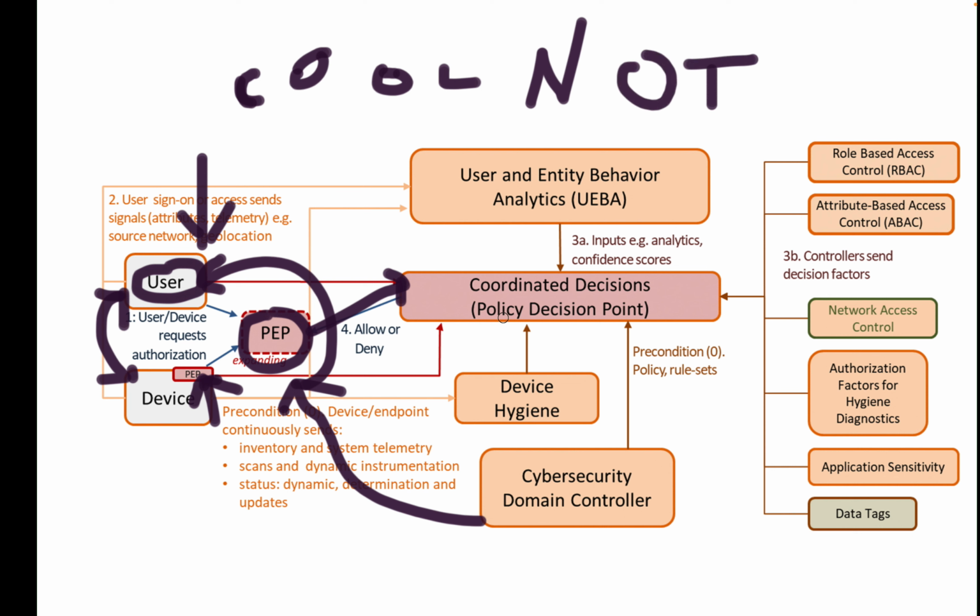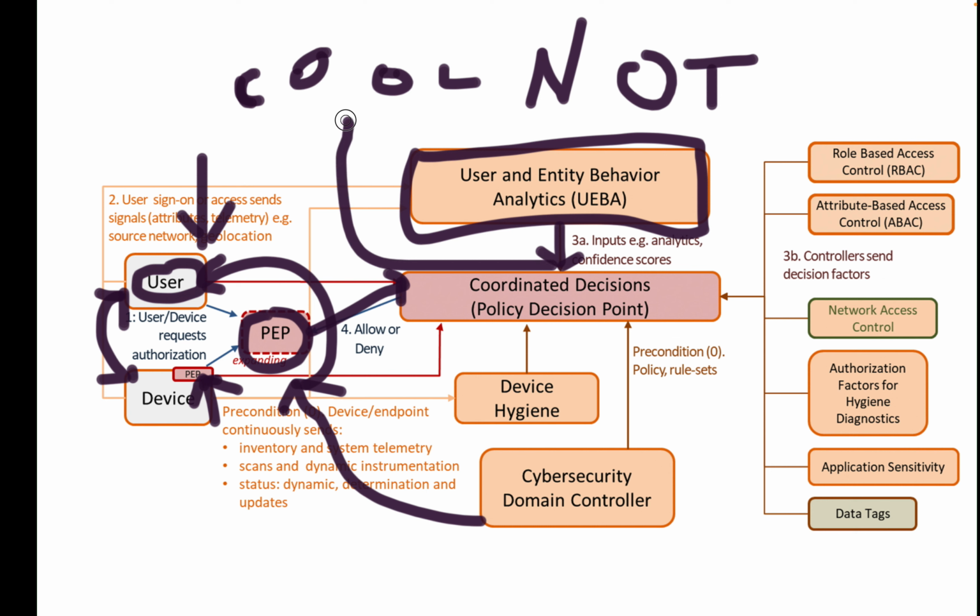So all this feeds into the policy decision points, in addition to the device, but again, we're going to get to that later. Now, as they're connected to resources, we're going to have our user and entity behavior analytics in real time make continuous decisions on if this guy is cool or not cool.